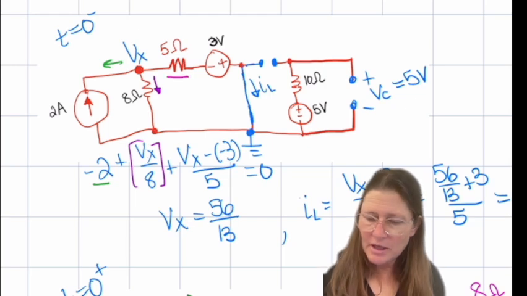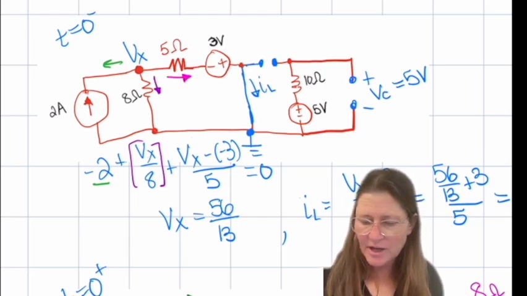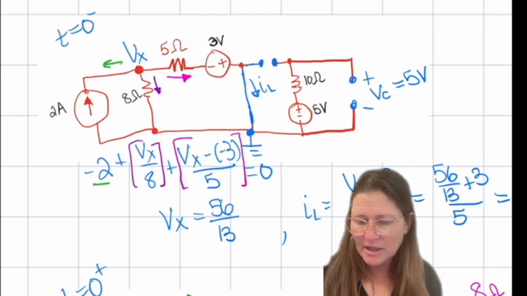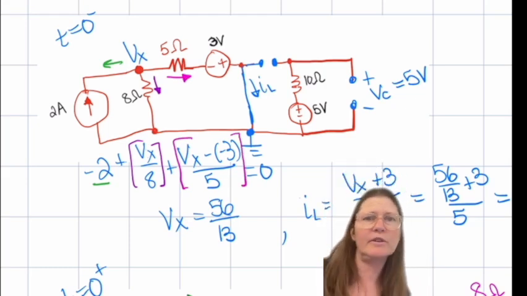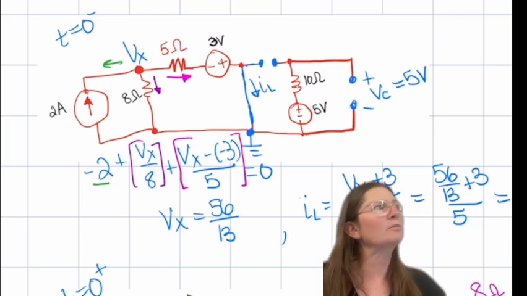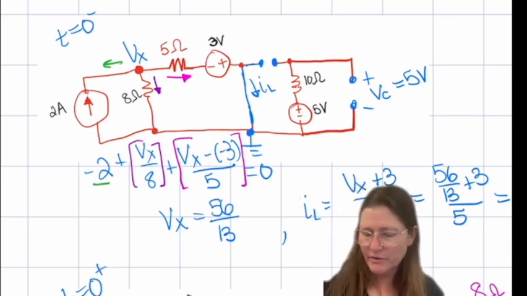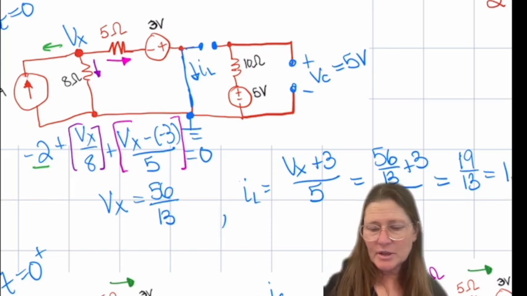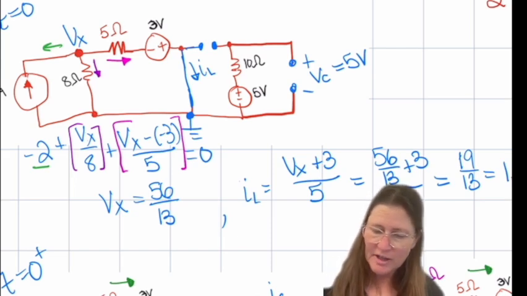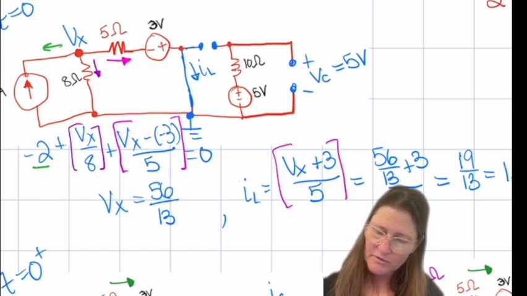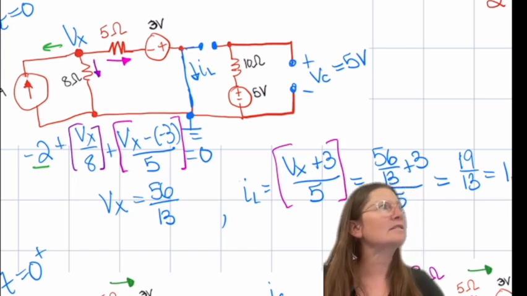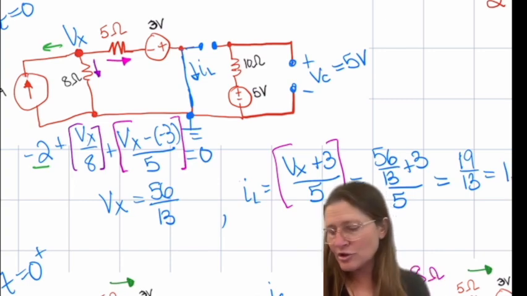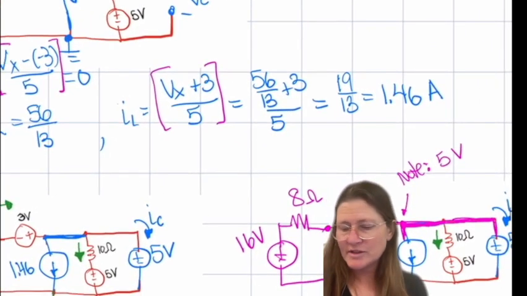And this one, you're going to have Vx minus a minus 3 over 5 equals 0. So that would be your equation, and solving it for Vx, you get 56 over 13. Your current is going to be the pink branch, so you have Vx plus 3 over 5. So that's the same as the pink branch, and that gives you 1.46 amps.